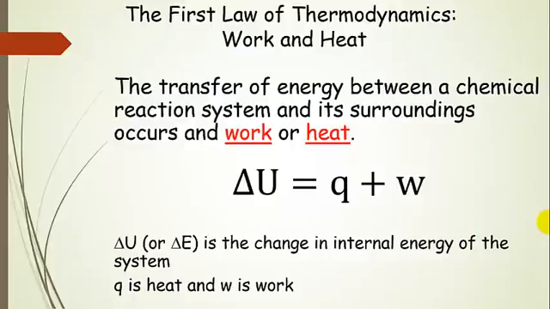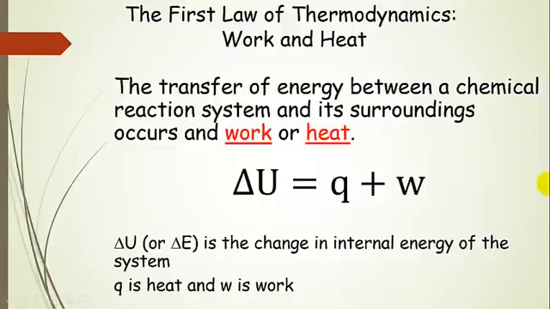Let's go back to chemical reactions again, since that is our topic. We're going to be looking at this transfer of energy in terms of work, which is W, or heat, which is Q. Now, this is the internal energy, delta U, and you might also see delta E used instead of delta U. That's the change in internal energy of that system during a process.